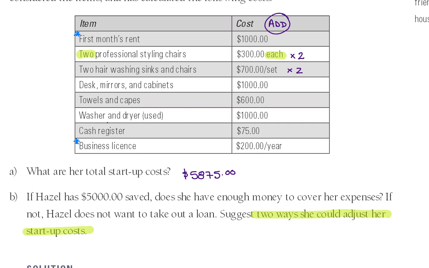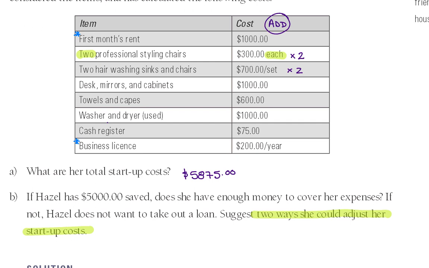She can hand wash her towels, or she could bring them home to wash and dry, if she's got one there. Does she really need a cash register to start up right away? She can have like a wallet, can't she? A lockbox?